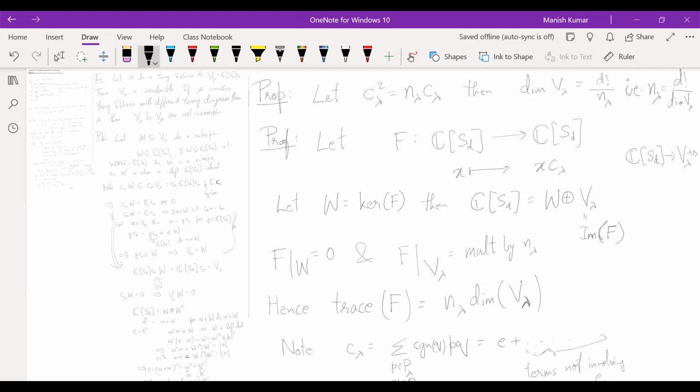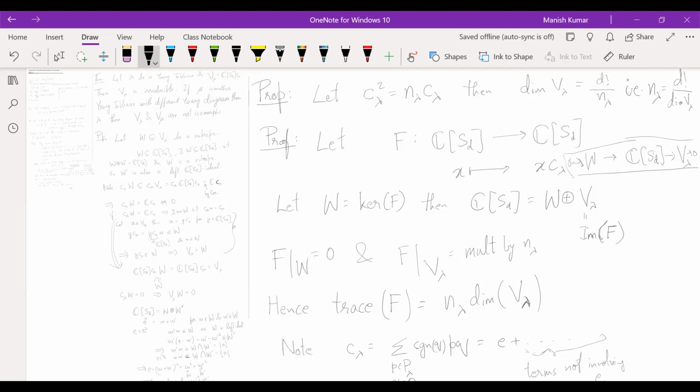So this is surjective and the kernel is W. Yeah, so this is a short exact sequence. And of course it splits not only as a vector space, but actually as a representation, because we saw that happens. Yeah. So from this picture, you get that CS_d is W plus V lambda.